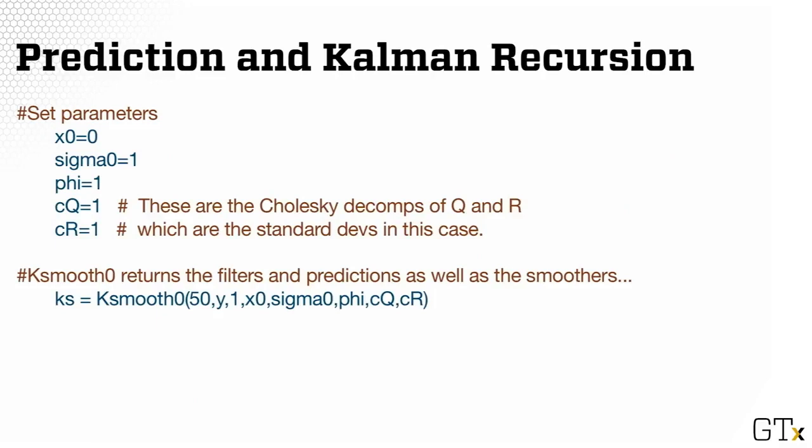The simplest function in R that we can use to fit a Kalman recursion for a state space model is the function KalmanSmooth 0, which returns the filters and predictions as well as the smoothers using the Kalman recursive formula. This function assumes that the model matrices, including the linear transformations of Y and X, but also the covariances of the error terms, are all time invariant.